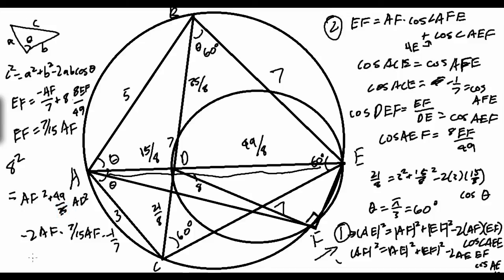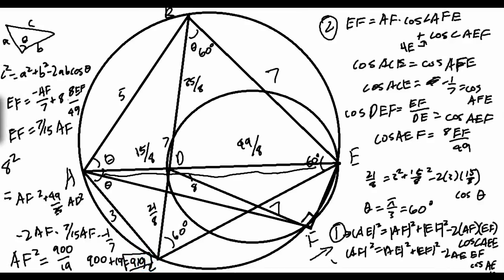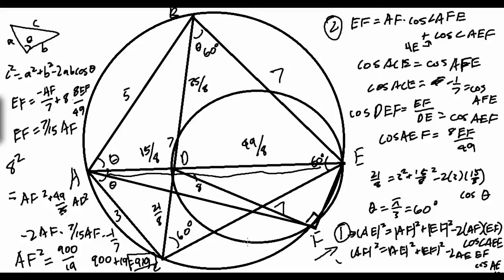And then you get everything in terms of AF squared, and you get AF squared equals 900 over 19. And 900 plus 19 equals 919. So there's our answer, and the answer is 919.